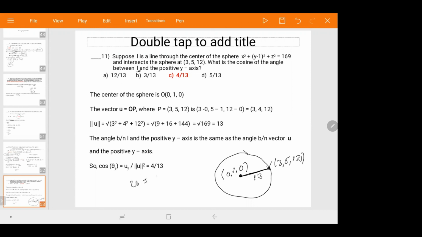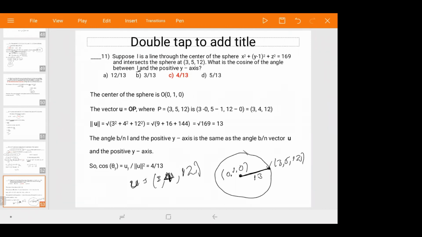What is this vector? It is (3 - 0, 5 - 1, 12 - 0), which is (3, 4, 12). The vector parallel to L is this vector (3, 4, 12).